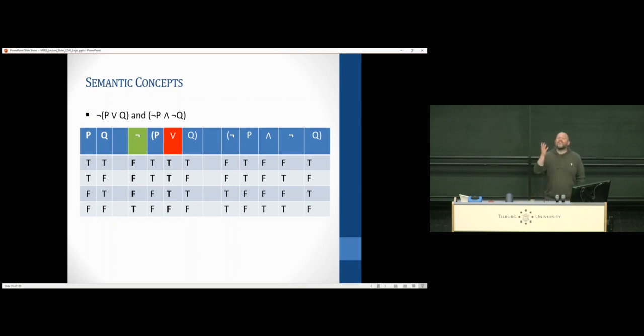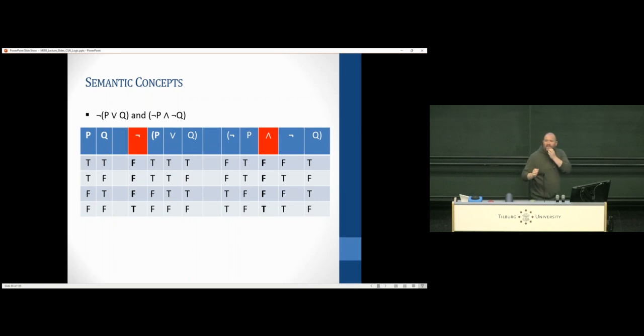Yes! Here's how we look. Again, we look at the columns under the main operators. The columns under the main operators have to be the exact same. If there is even a single row where those two columns differ, they are not equivalent. But if they are identical, cool.